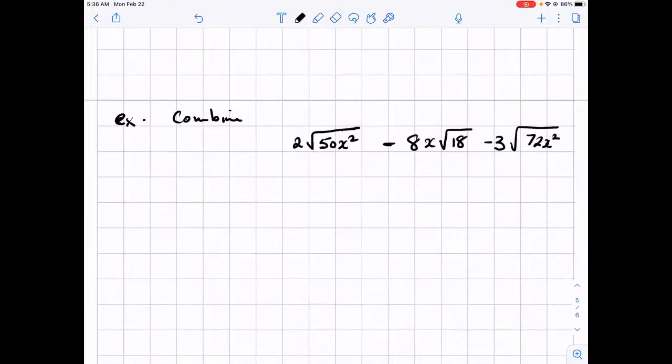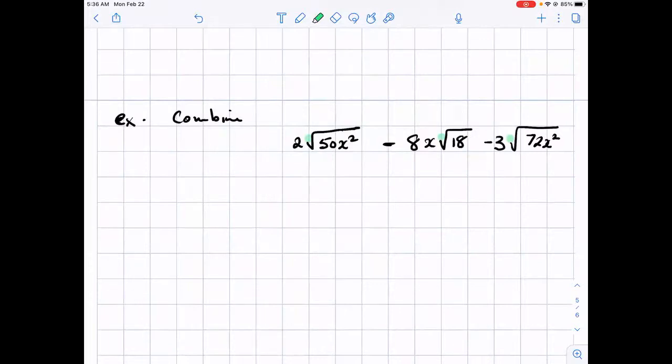So a couple of things to notice. The index are all the same. That's one of the most important parts too, right? The index has to be the same. So this index is the same as this index is the same as that index, okay? All of the index are the same. So if the index are the same, we're good.